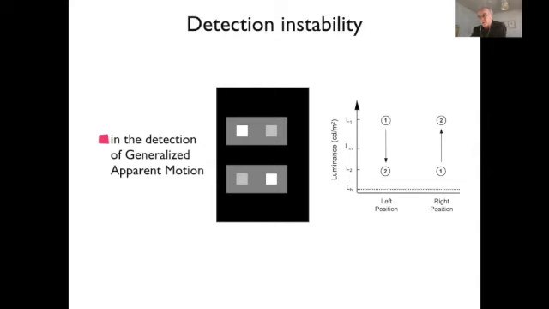Now here in generalized apparent motion, you can separate these detection events from the motion events, because there is some contrast both where you're coming from and where you're going to, always. And so what's added on top is really a motion percept. And it turns out that there is a really sharp onset, sharp in the sense of psychophysically real.